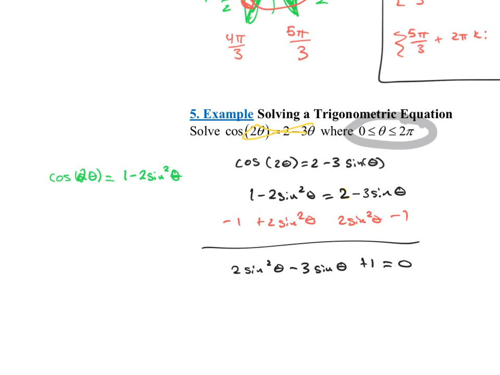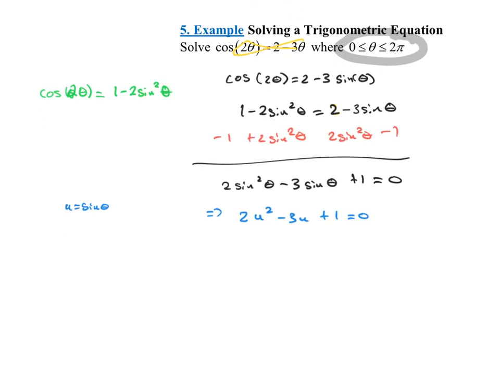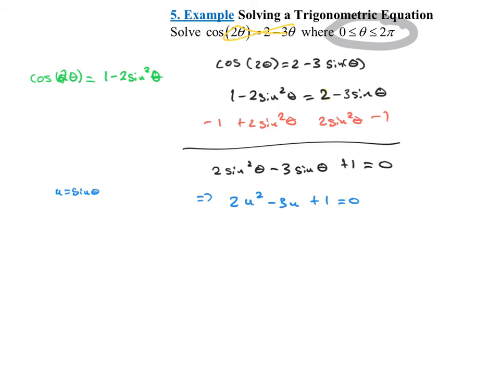I hopefully hope you do remember u substitution. So for instance, imagine if u is sine of theta. Let's think about what this equation would be. This would be 2u squared minus 3u plus 1 equals 0. And hopefully now you can see it as a quadratic equation. Solving quadratic equations, we talked about this in the algebra review and in the functions review.